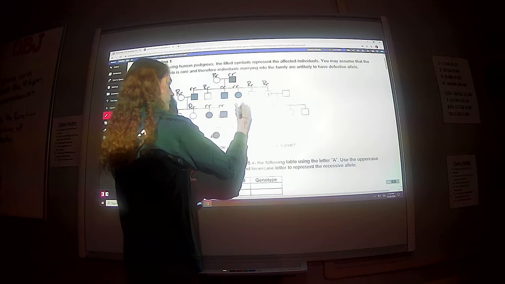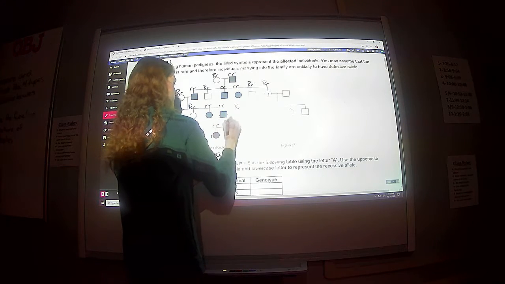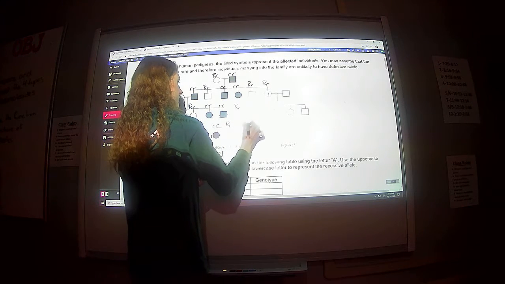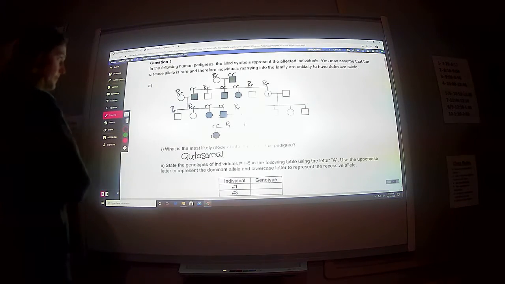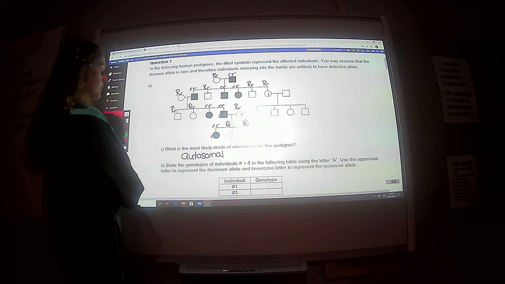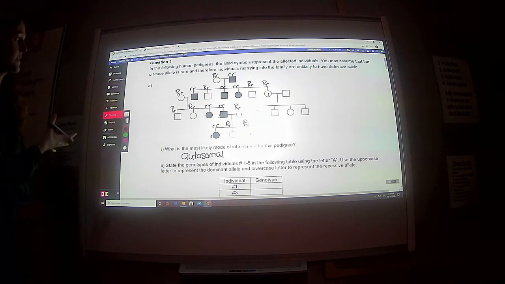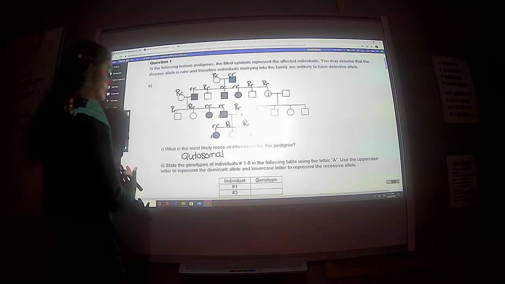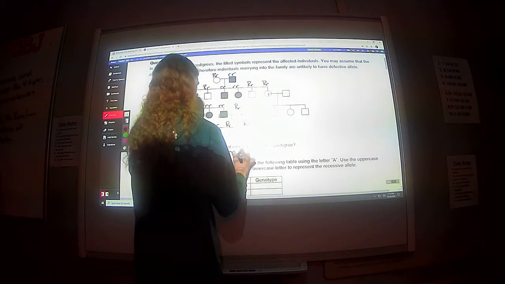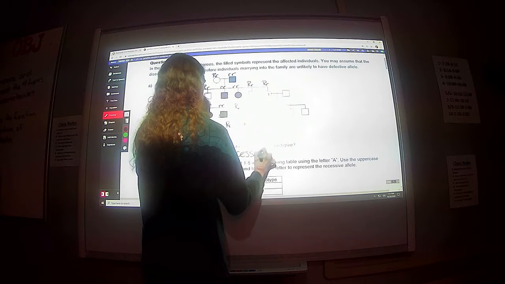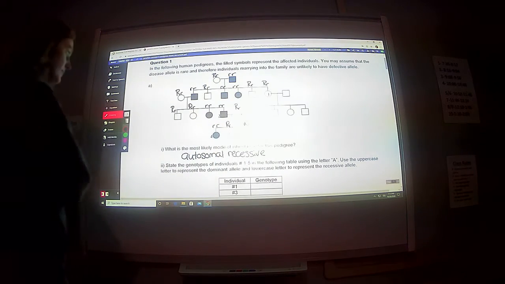They have a child who has it. So I'm going to say that this disorder is autosomal recessive because it is working out to where you could have that as your mode of inheritance.